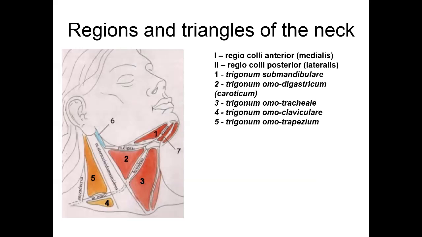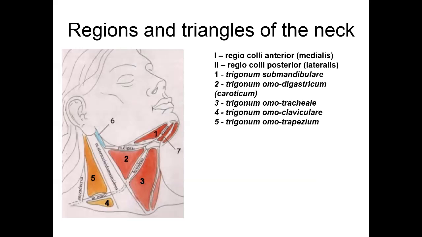One of these sides of the triangle is musculus sternocleidomastoideus, and another side is musculus omohyoideus. Musculus sternocleidomastoideus we don't use in the name of the triangle, but the third side is, for example, musculus digastricus, trachea, clavicula, or musculus trapezius.